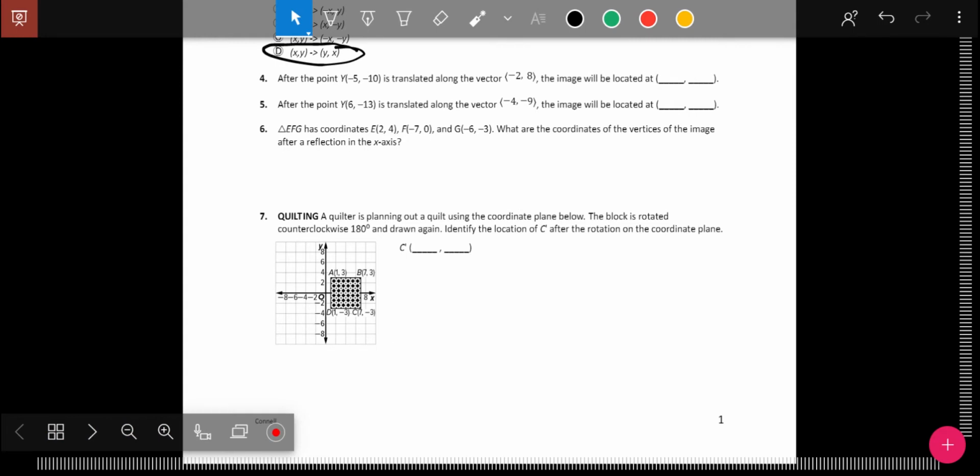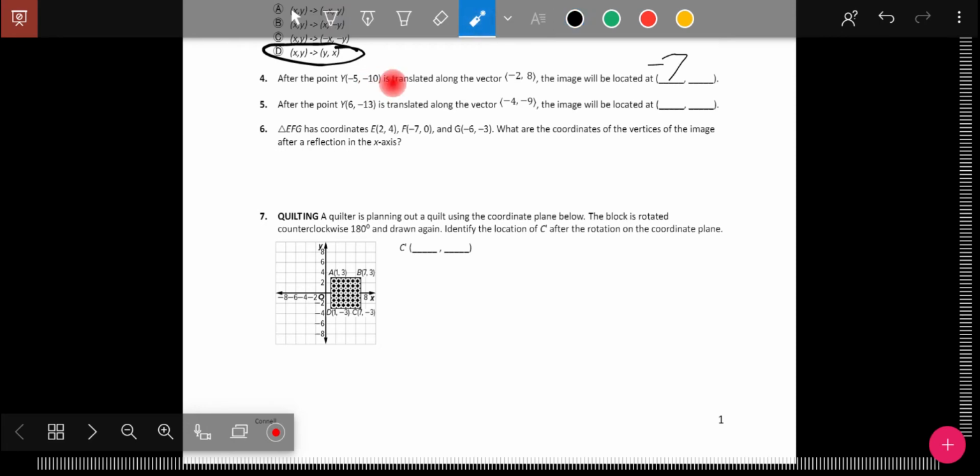So for number 4, you have to use a vector. Anytime you're using a vector, it's adding this first part to the x and the second part to the y. So -5 plus -2 makes -7.